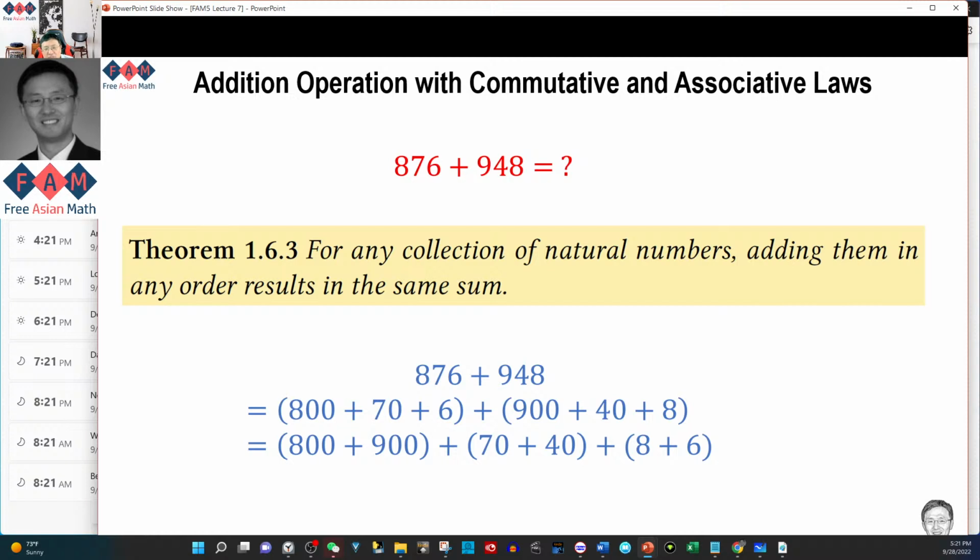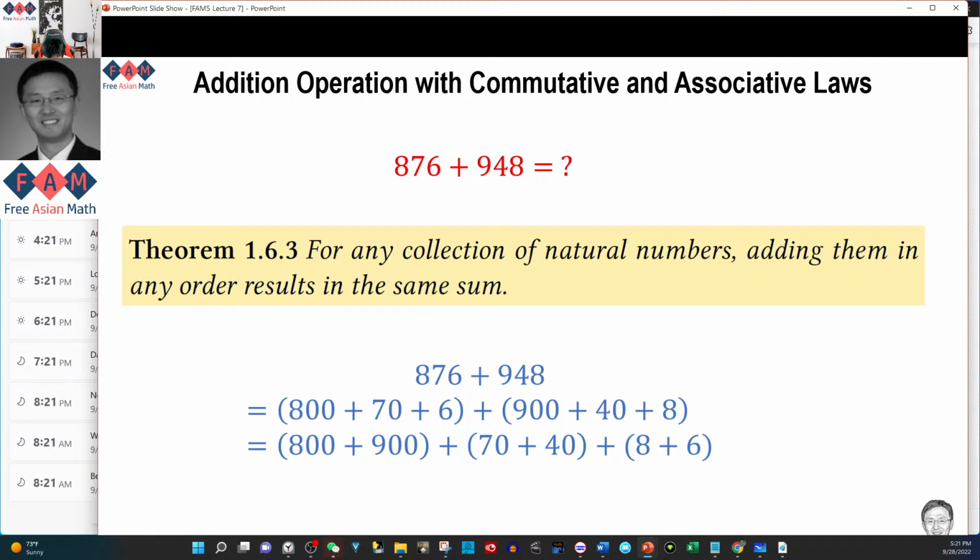That's because of the fundamental nature of the decimal positional system. 800 means that you have an 8 in the hundreds place. 70, you have a 7 in the tens place, and so on. So this is nothing but the very basic definition of how the decimal positional system works.